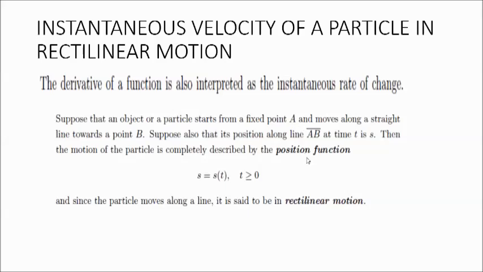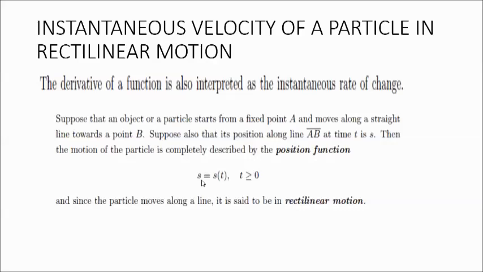First, we have the position function. Ito yung function that could represent yung location or position ng particle. Nasaan ba yung position ng particle natin? So we can represent it as a function.